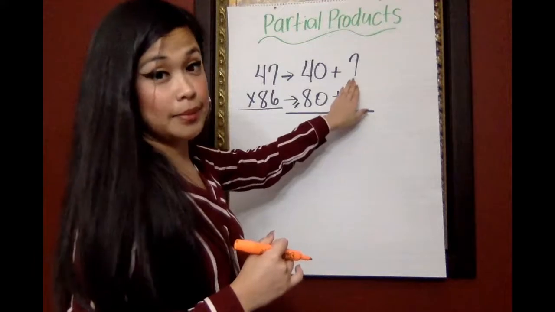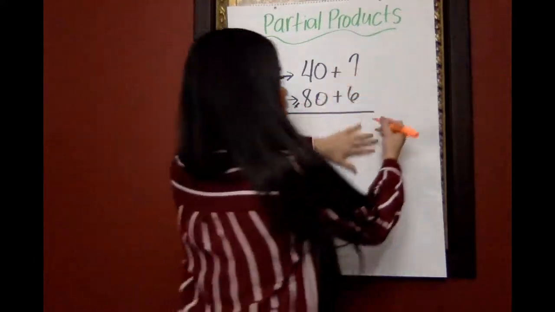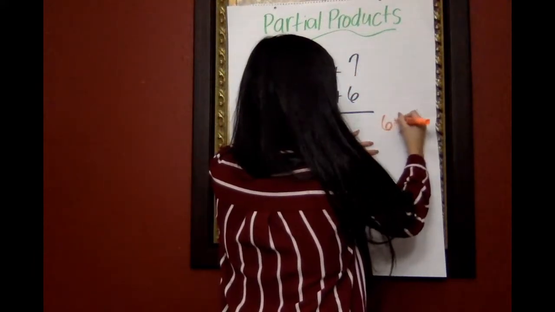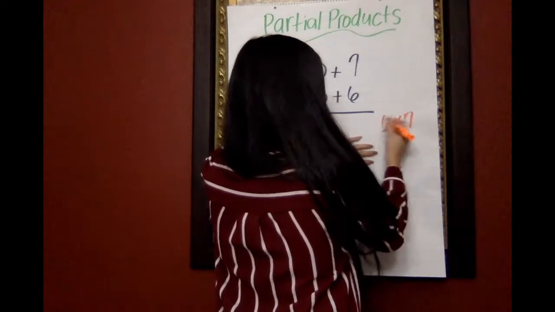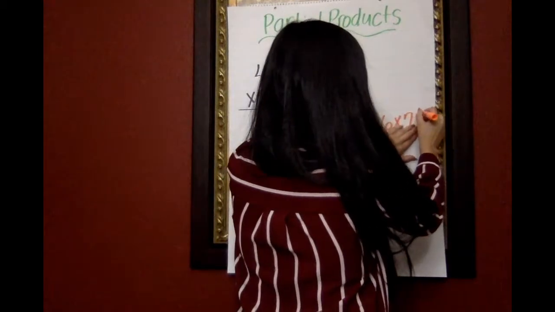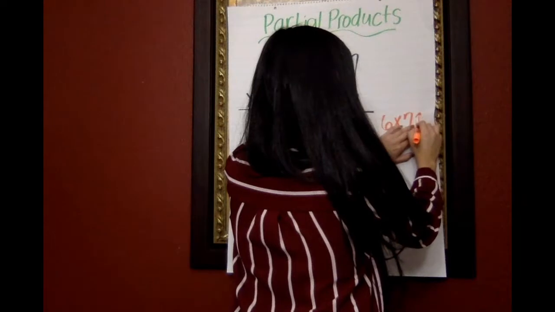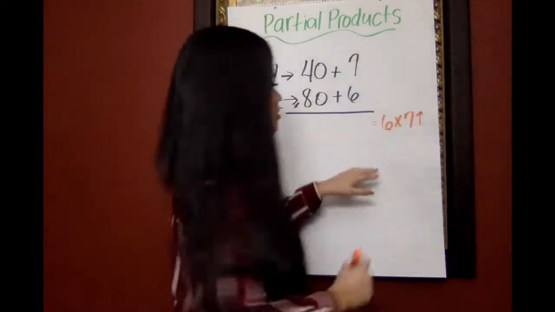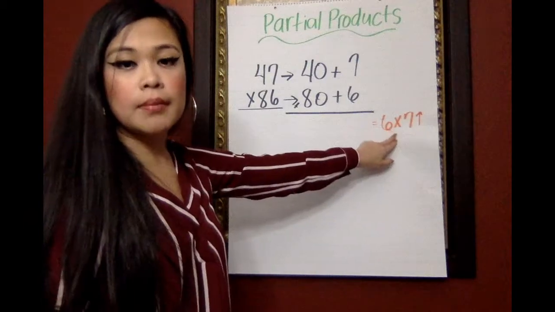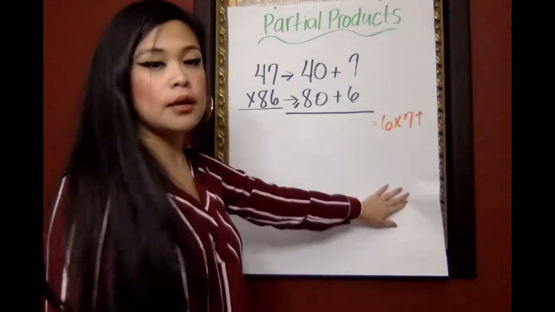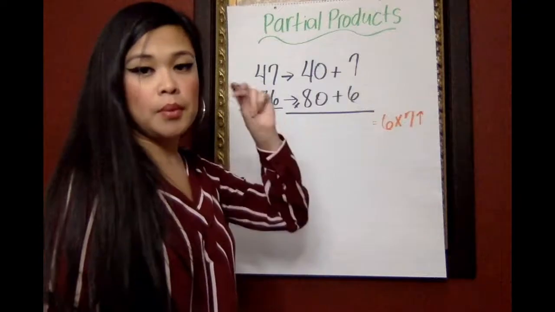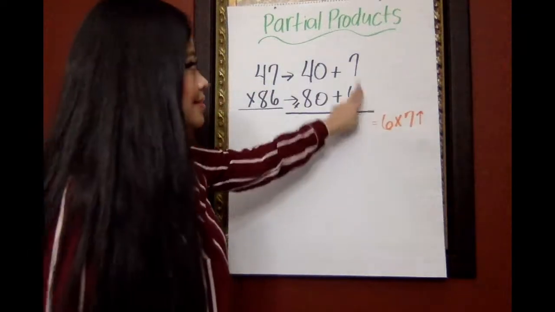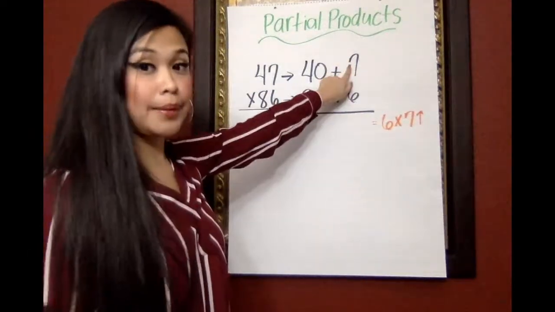And we multiply up, 6 times 7. So I'm going to go ahead and write 6 times 7. Okay? Go multiply up. I'm going to go ahead and write my partial products down, so we remember where to multiply. 6 times 7 up. We're multiplying up.